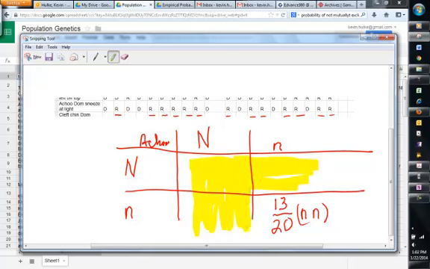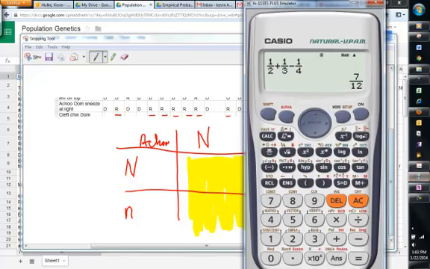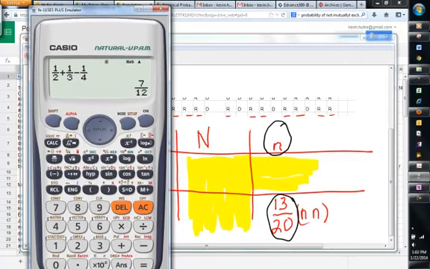Here's the mathematics that you use. If you take the square root of this number right here, that tells you the prevalence of this recessive gene. So let's take our calculator and take the square root of 13 out of 20.